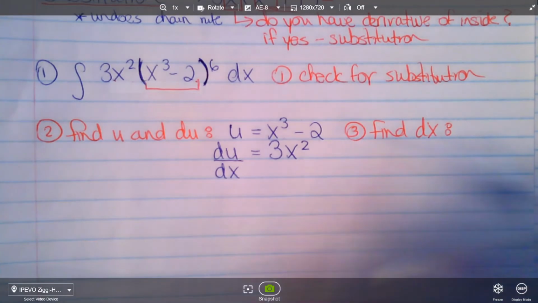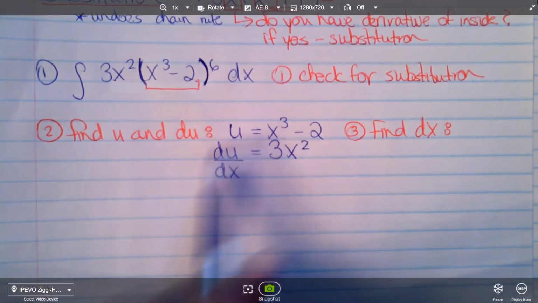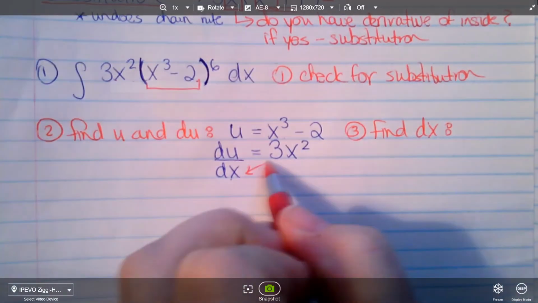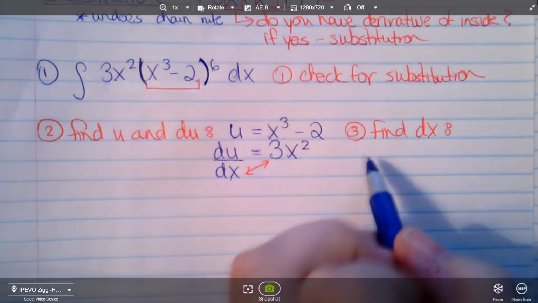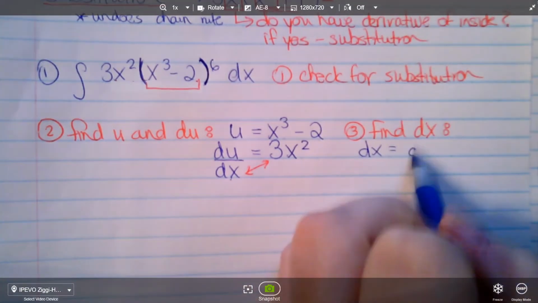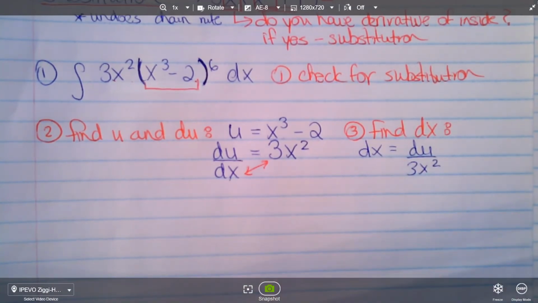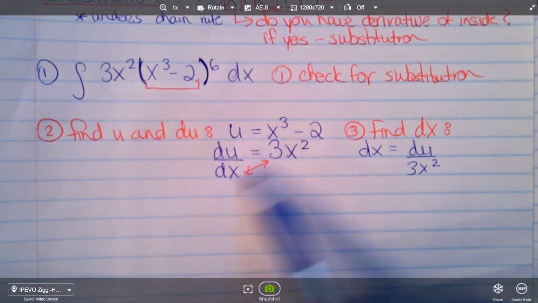I need you to just rearrange this for dx. Now, the very quick way to do it is to remember that these two things switch places. So dx equals du over 3x squared. A very quick way to do this: switch these two things around.